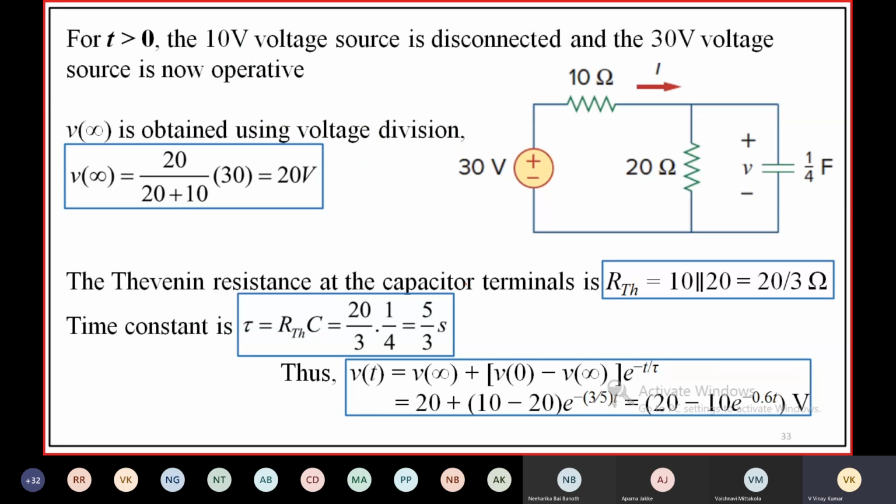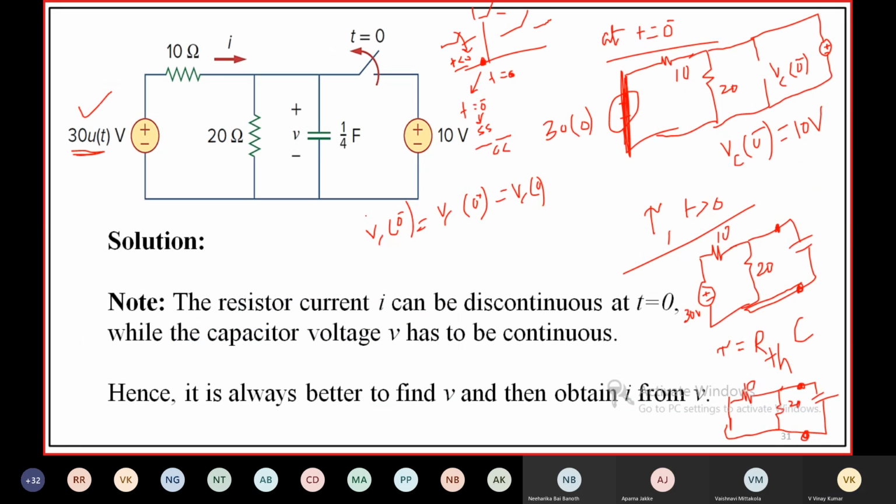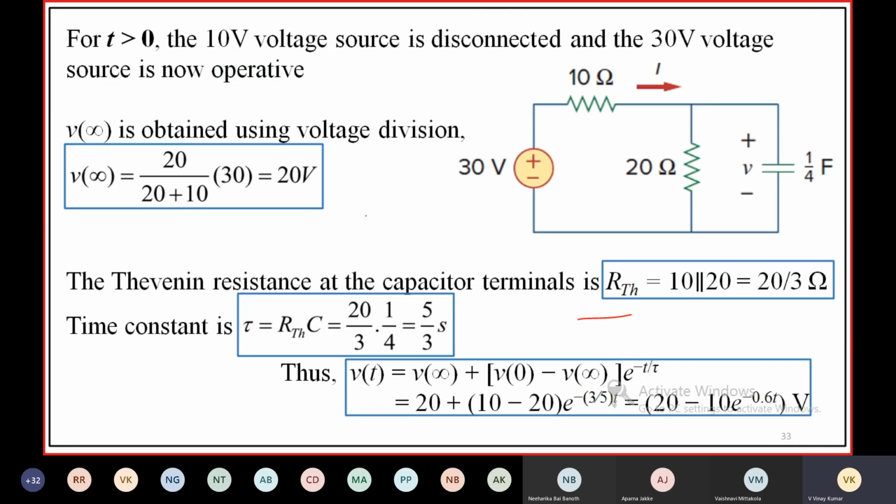After finding RTH, you have to find Vc of infinity. At t is equal to infinity, the capacitor acts as an open circuit.